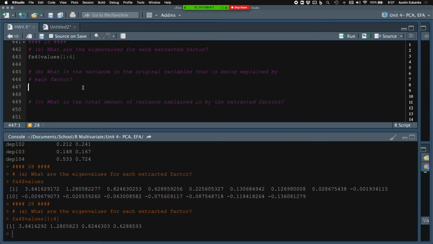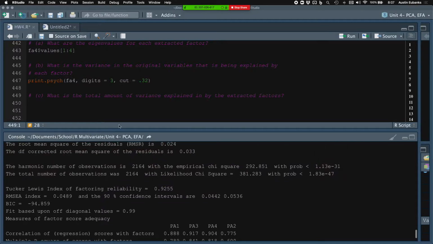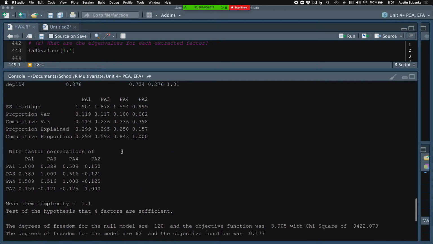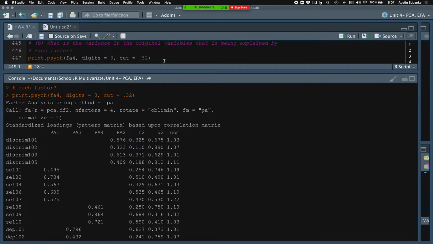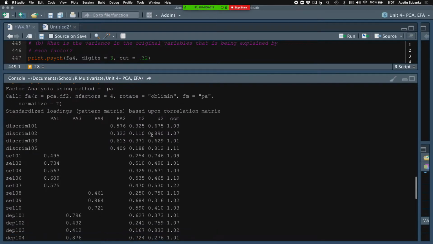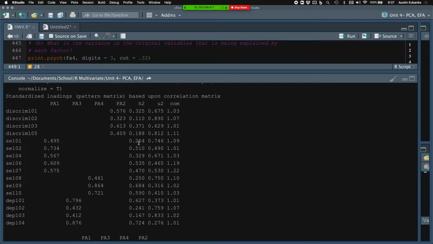For what variance in the original variables is being explained by each factor, we can look at our psych output, just like we've done before, putting in FA4, rounding to 3 digits, and using our cut of 0.32. This is going to give us a lot of information. Throw in the chat a thumbs up or a yes when you've managed to run this, because there's a lot of output.